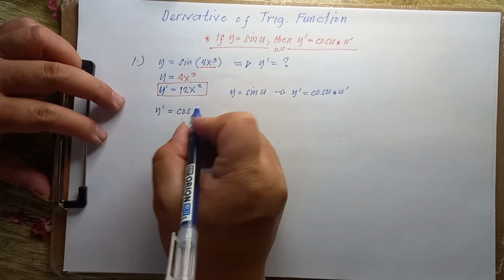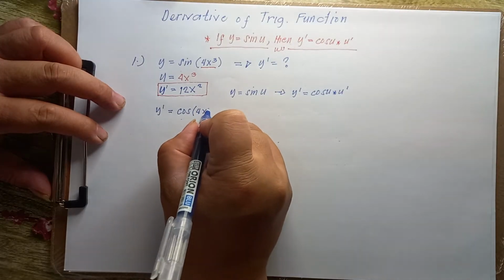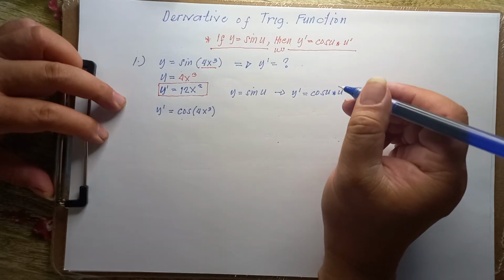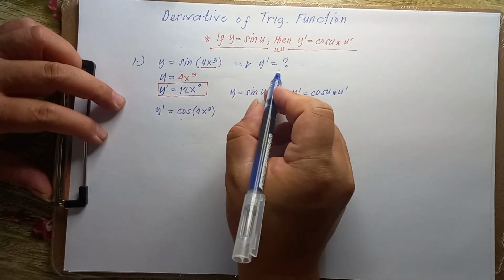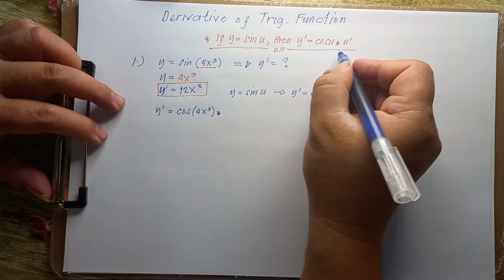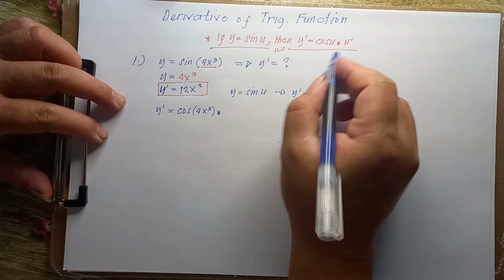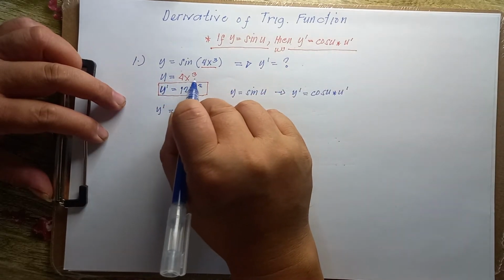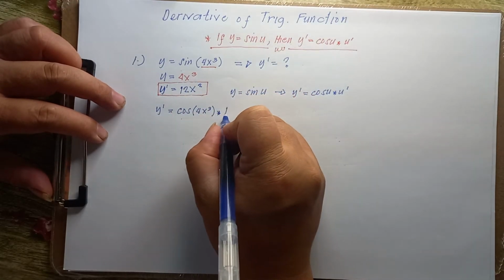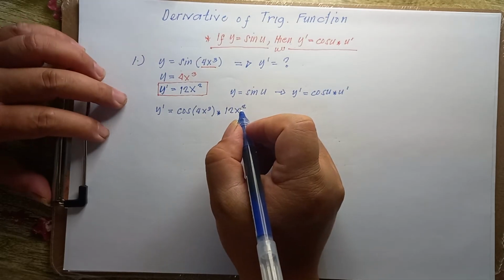What is our u? You just say cosine u, that is the same as 4x raised to 3. So our u is 4x raised to 3. Then multiplied by, I will make use of an asterisk to emphasize the multiplication, times the derivative of the u, which is 4x raised to 3. What is the derivative? 12x raised to 2.